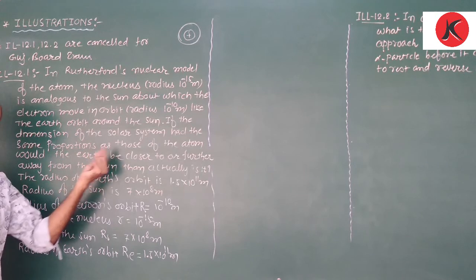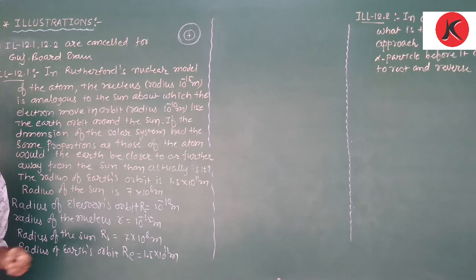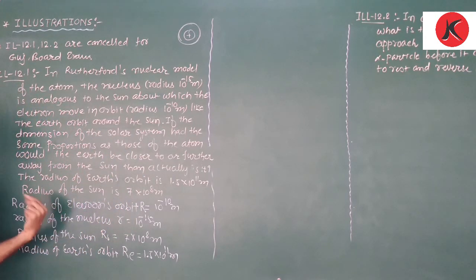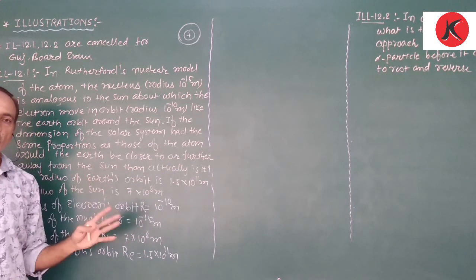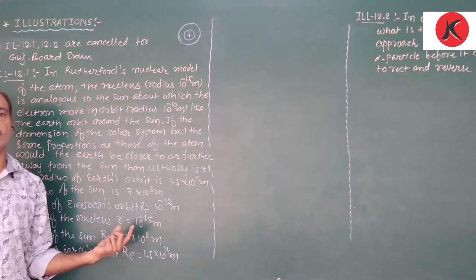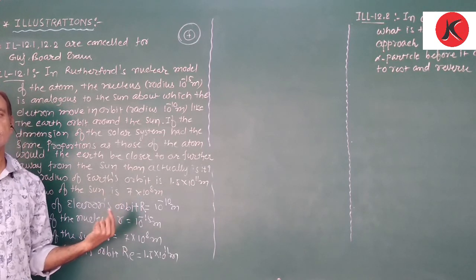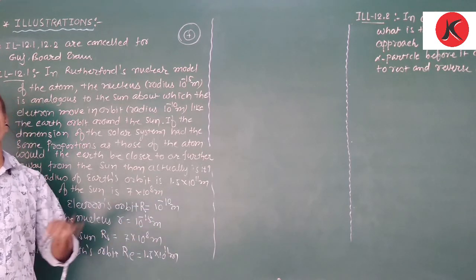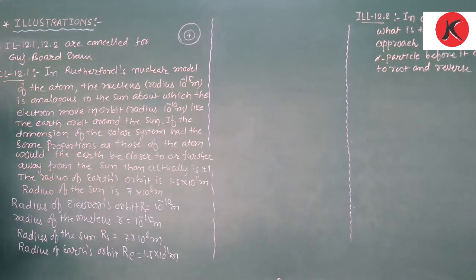If the Earth rotates around the sun the same way the electron rotates around the nucleus in an atom, let me consider the ratio of the orbital radius to the radius of the nucleus to be the same as the ratio of the orbital radius of the Earth to the radius of the sun. So in this case, how much closer to or farther from the sun is the Earth?